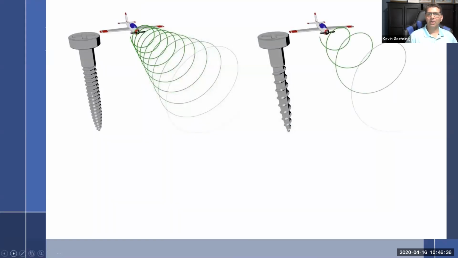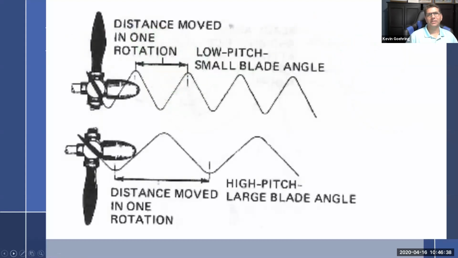Here we go. That is true pitch. Low pitch, small blade angle; high pitch, large blade angle. The more the blade angle increases, the further we go per revolution. So this one would go to here in one revolution. This one makes it all the way over to here in one revolution, 3 times as far.